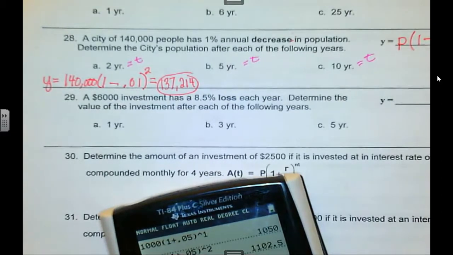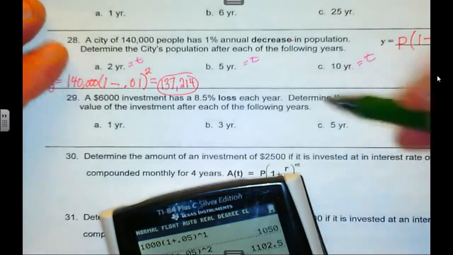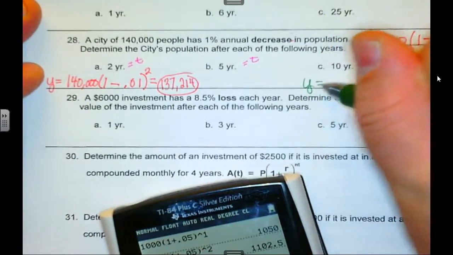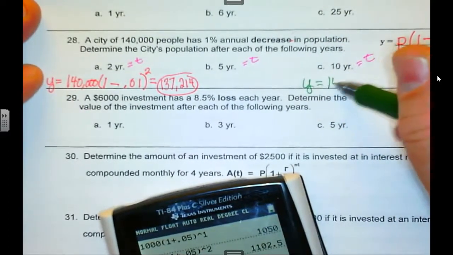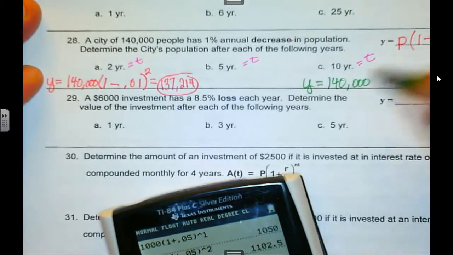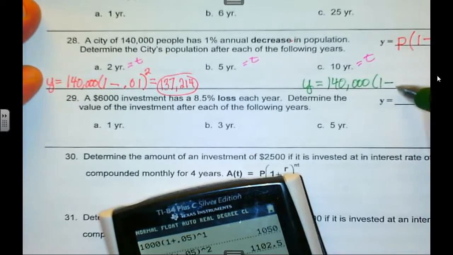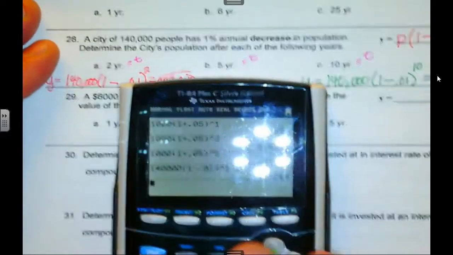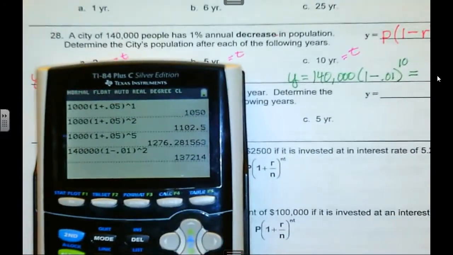Let's try C. So y equals 140,000, 1 minus 0.01. And my t this time is 10. So I have to retype everything. Well, I don't, you do.